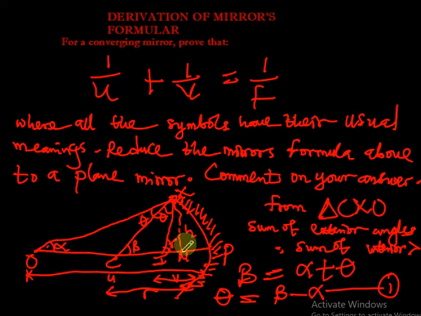XN itself is the height, so instead of XN you replace it with h, which is h over OP.